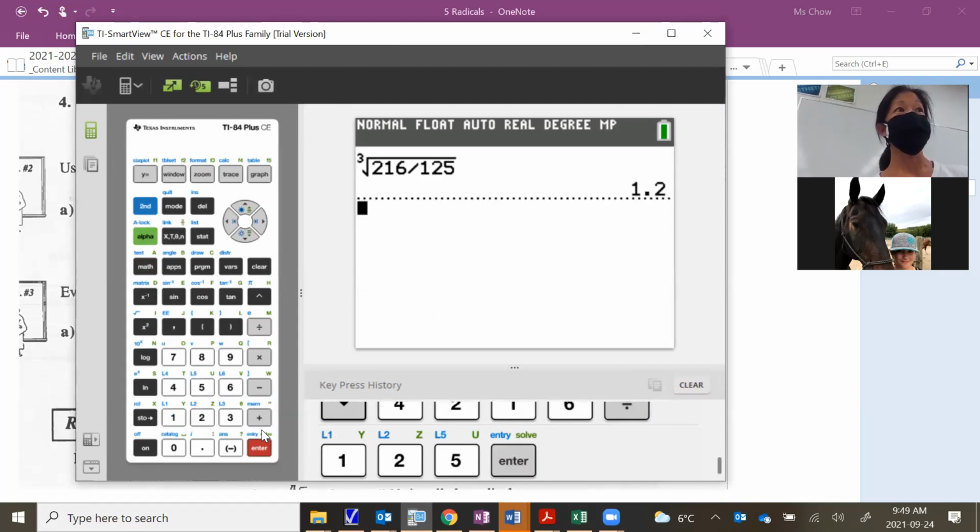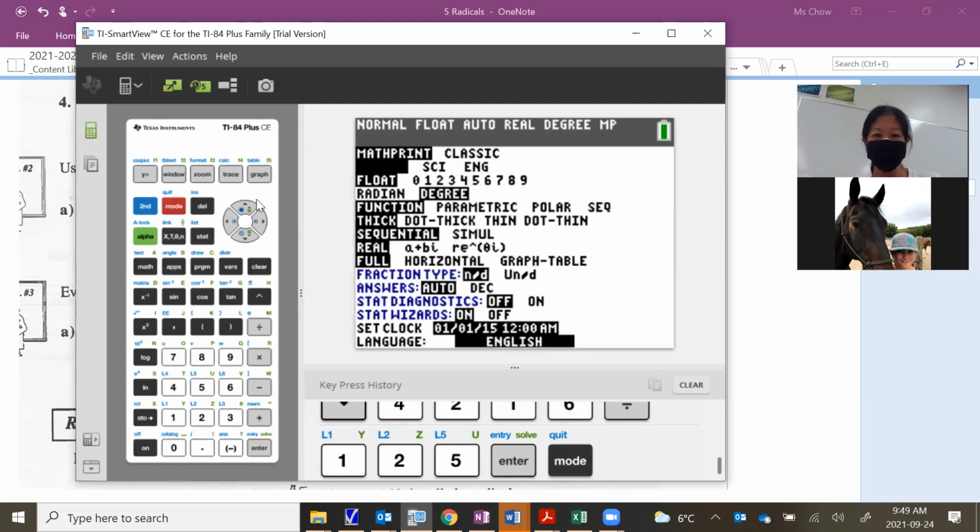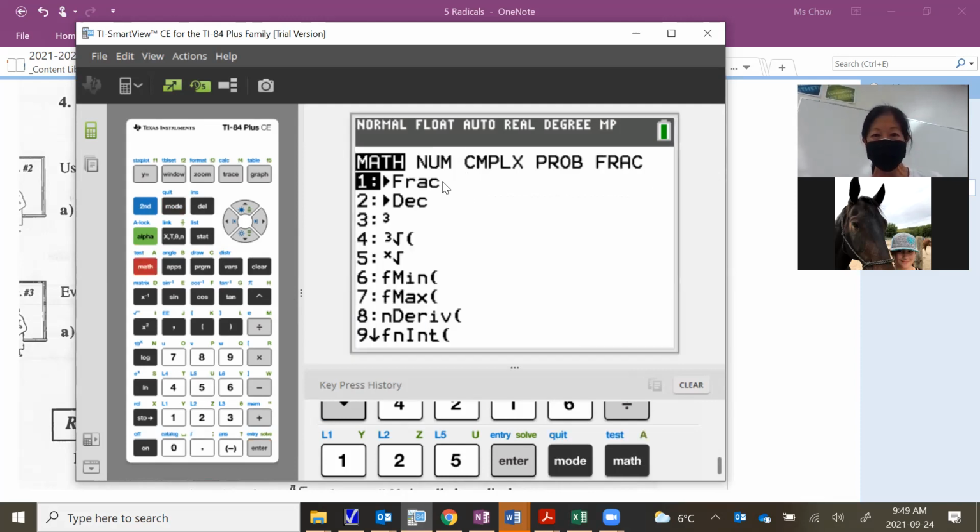We did it wrong. Use the frac. So I put in the 216 and then frac 125. No, you want to divide by 125. Okay, I'll tell you what that button does since you found it. Leo used the button: math, and then 2 frac.